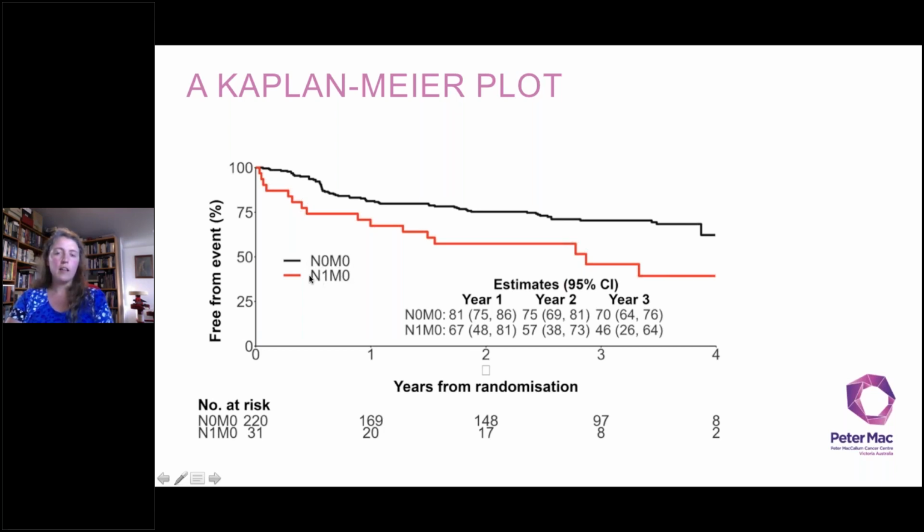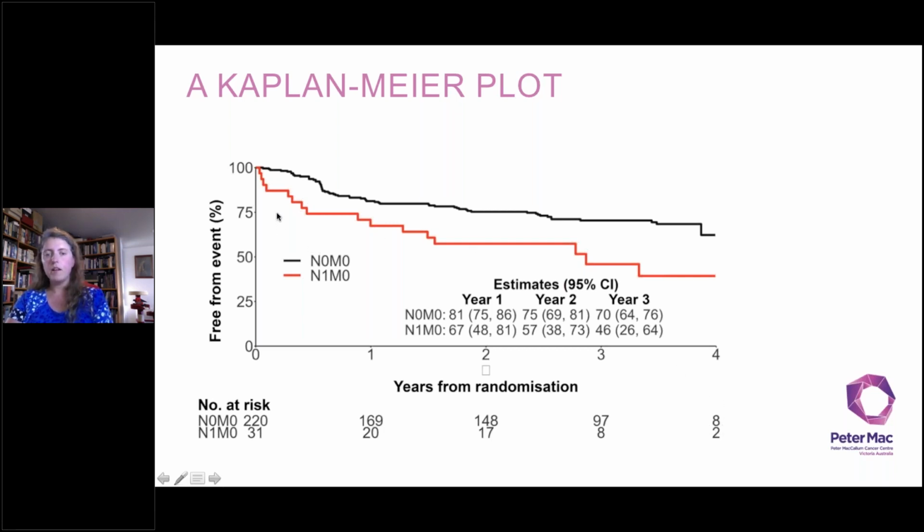And we are looking at how many of these patients were free from a series of other events that were being monitored during follow-up. So we have initially 220 patients who did not have nodal disease and 31 patients who had nodal disease. And we've observed them going forwards for up to 4 years.